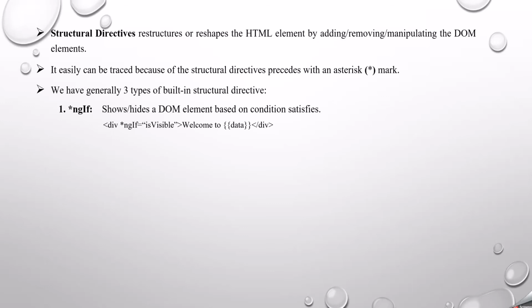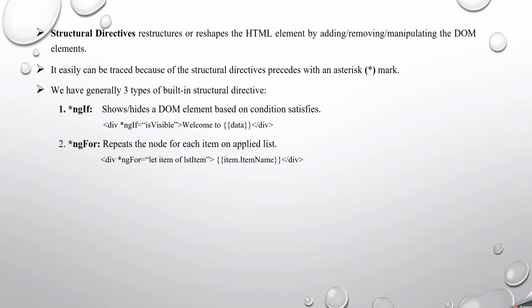The second one is ngFor. It repeats the node, or creates nodes, based on the number of loop iterations it executes. Here we have a div with ngFor, where let is the declaration keyword in Angular and TypeScript, and item is the alias name of the list item.